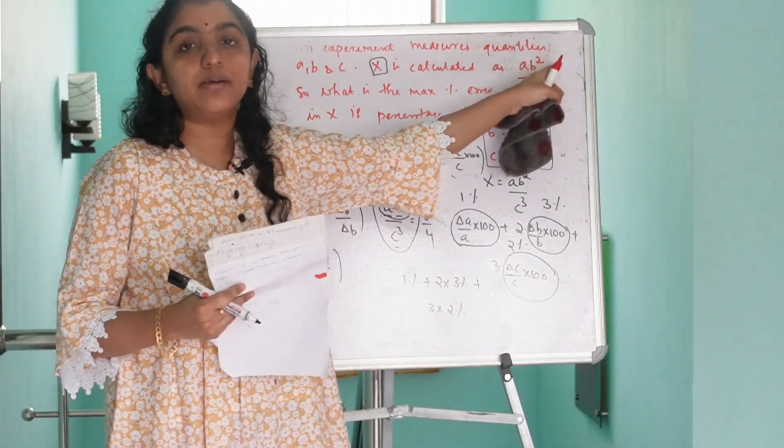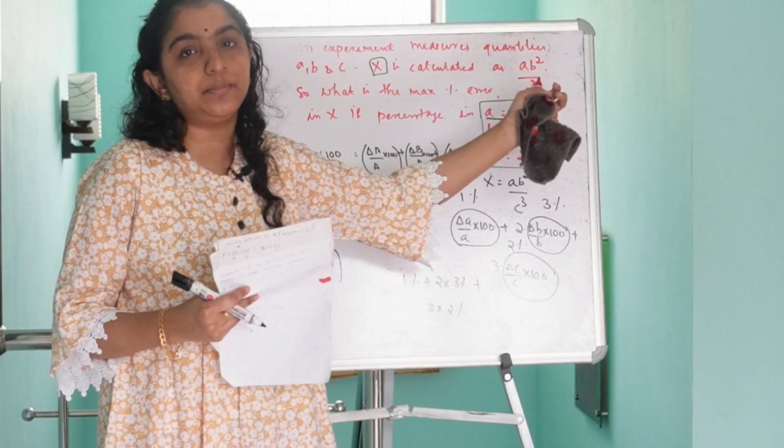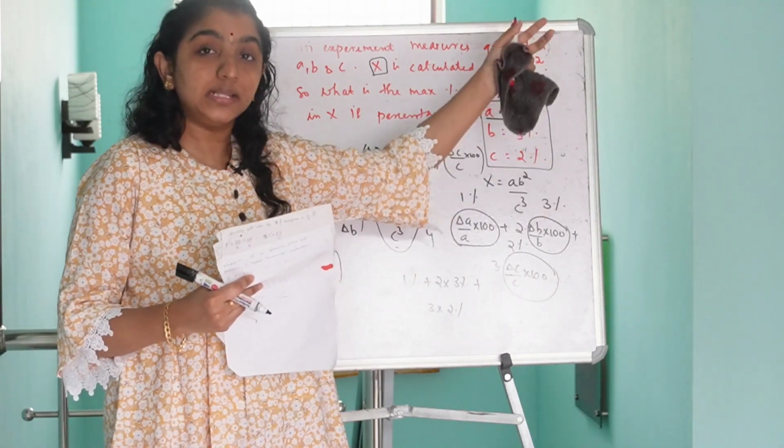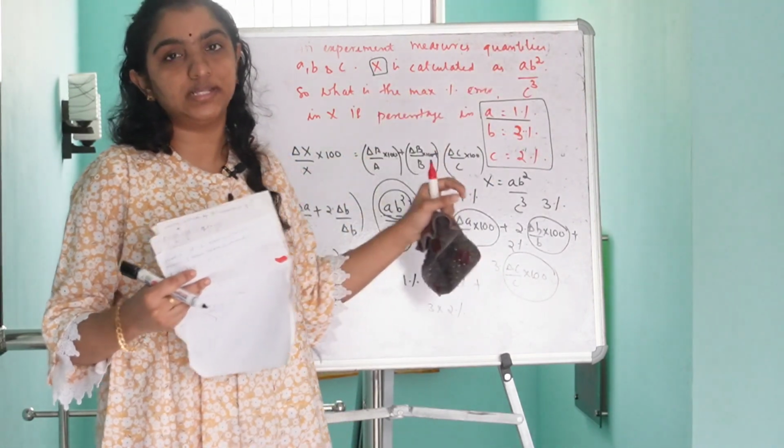So the percentage error of A is 1 and the same.